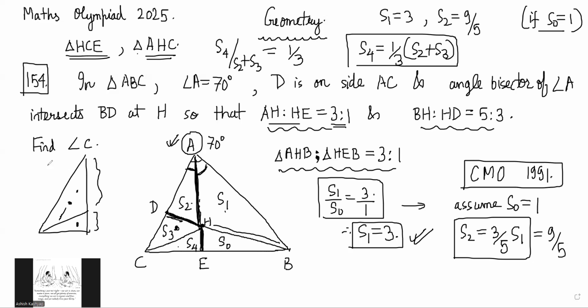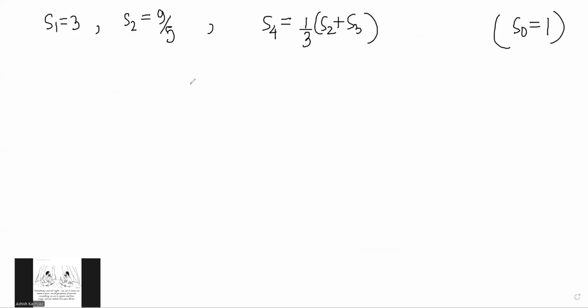So far, what I'm getting is this: S1 is 3, S2 is 9 by 5, and also S0 is 1. S4 is 1/3 of S2 plus S3. We have S0 is 1. And now let's draw the figure here.